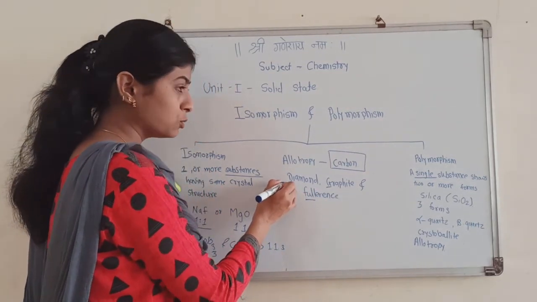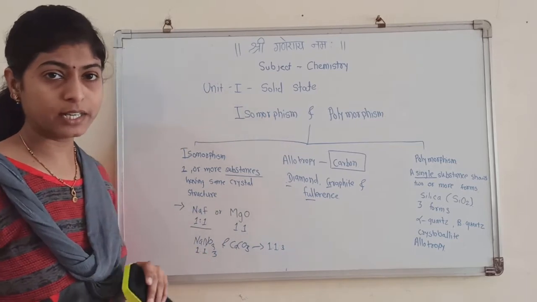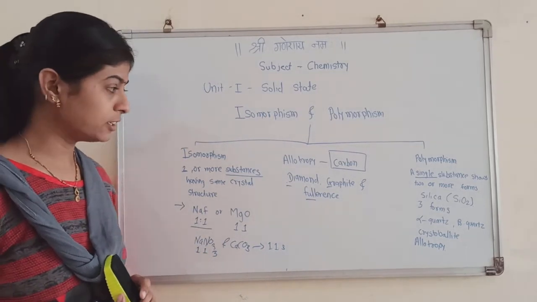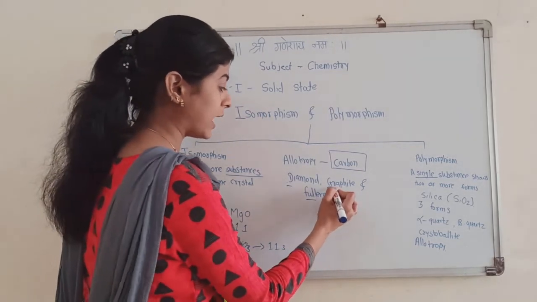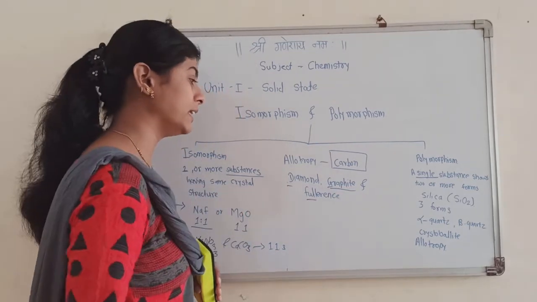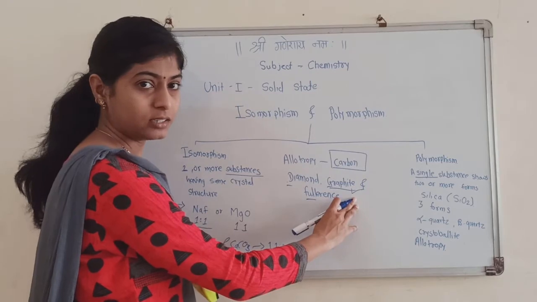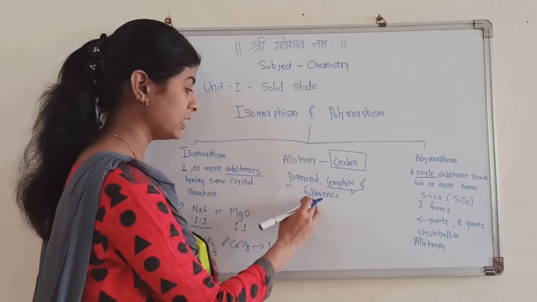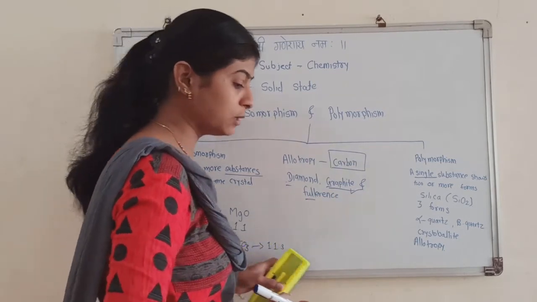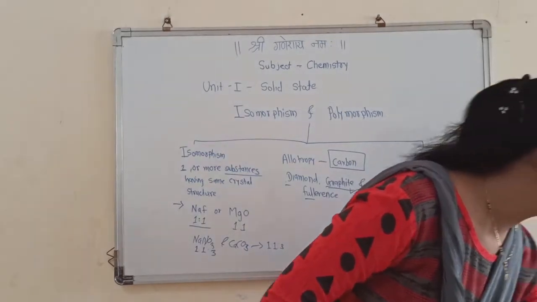Diamond is known as the hardest mineral, while graphite is a good conductor of heat and electricity, and we can use it in cells, that is dry cells, etc. Fullerene is nothing but a hollow ball containing carbon.